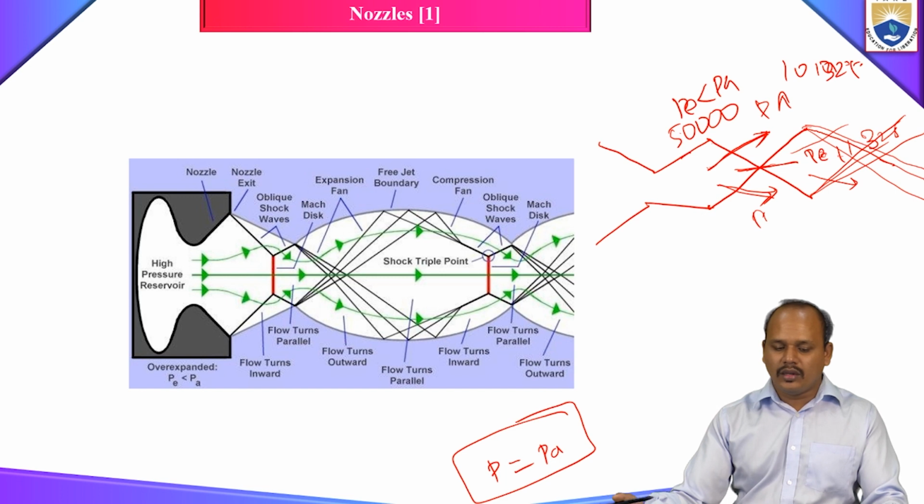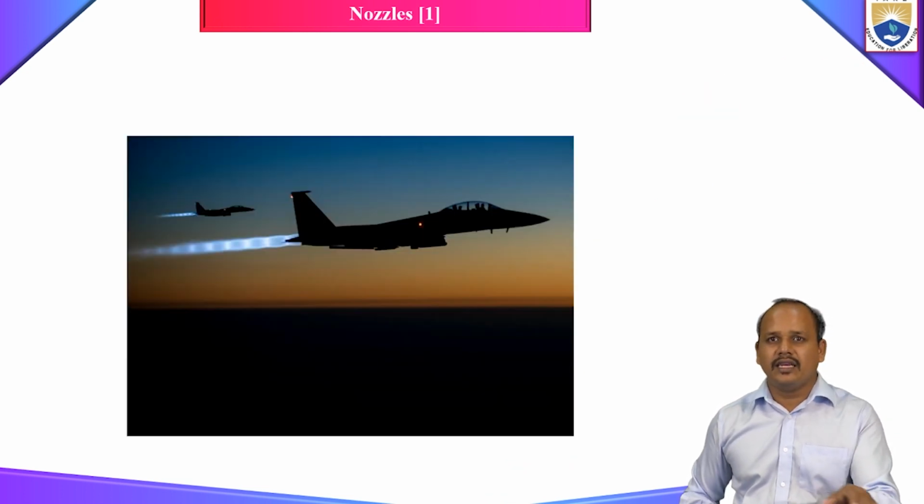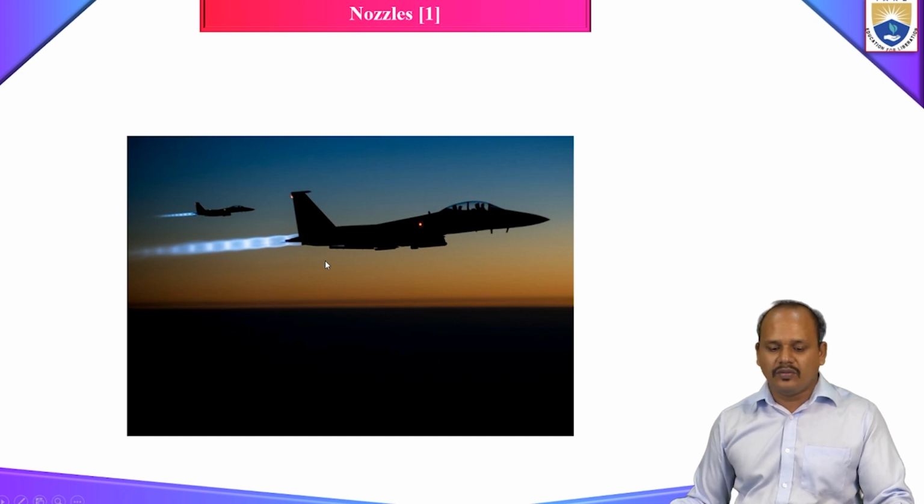Okay, so what is it that we need here? If it is going to be delayed, you will have very long shock cells. For example, here in this figure you can see 1, 2, 3, 4, 5, 6, 7, almost 9 shock cells are there. The shock cell length is very, very high. You see, it is almost equal to half of the length of your aircraft.